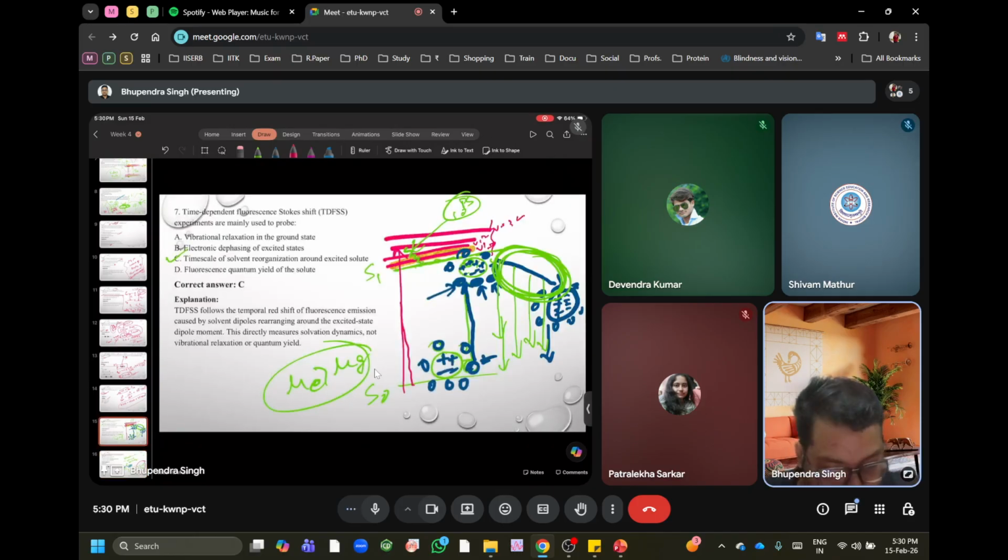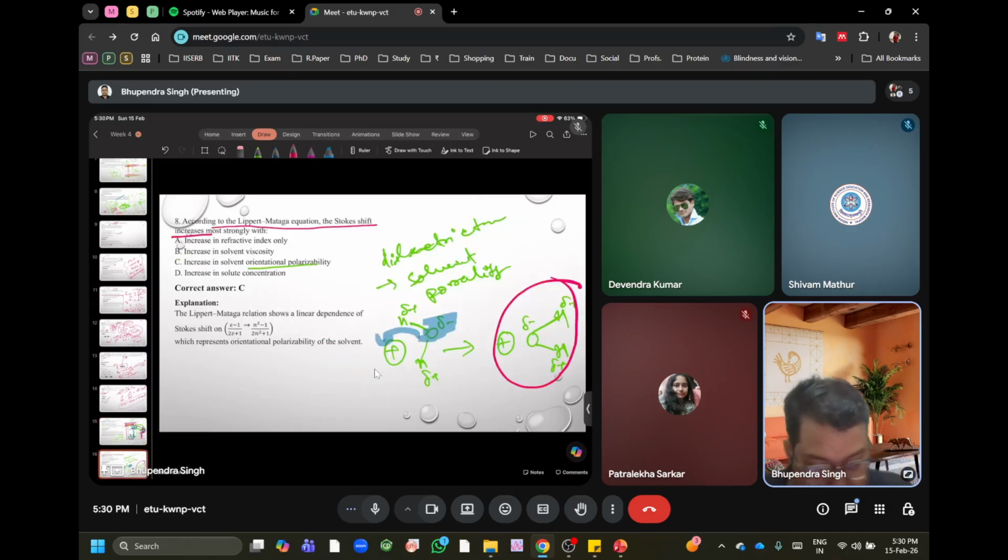See, if the molecule is relaxing from here only, the Stokes shift will be less. But when it is rearranging and then coming back here and emitting from here, the Stokes shift will be higher. Stokes shift means the difference between the absorption wavelength and emission wavelength. This is absorption, this is emission, so the Stokes shift is this.